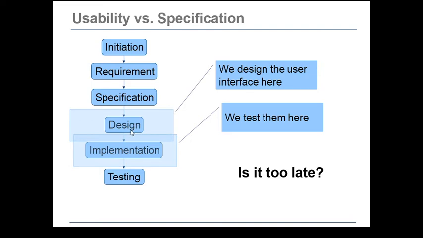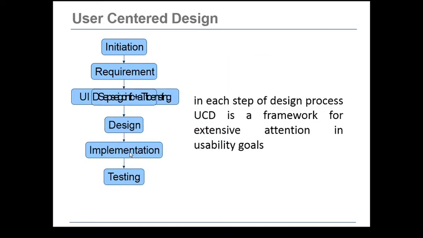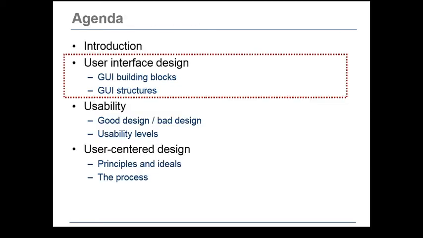In design the user interface comes in, and in implementation the tests. In user centered design, first is initiation, second is requirement, then UI design, then implementation phase, and finally the testing phase. In each step of the design process, user centered design is a framework for extensive attention to usability goals.